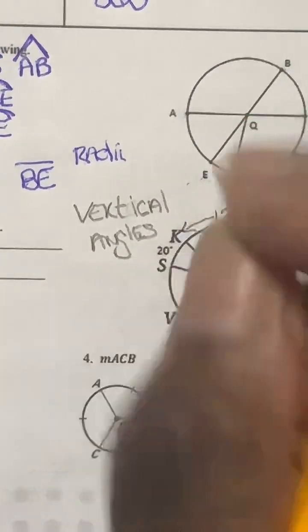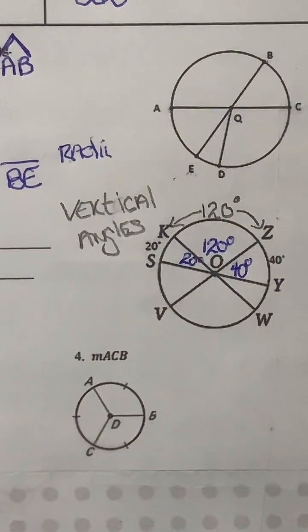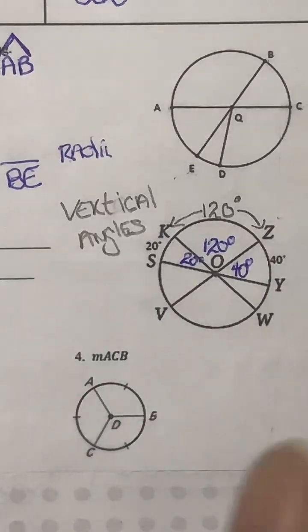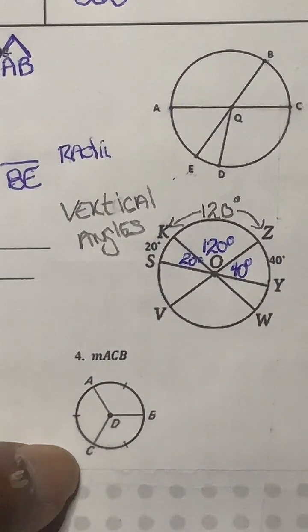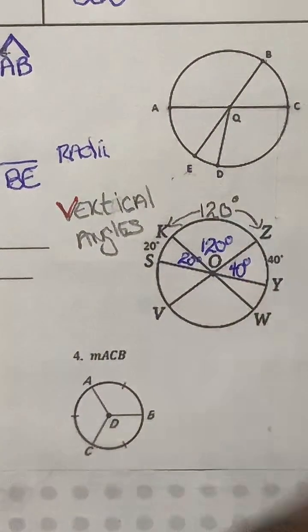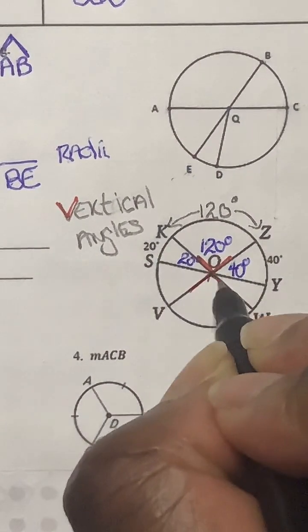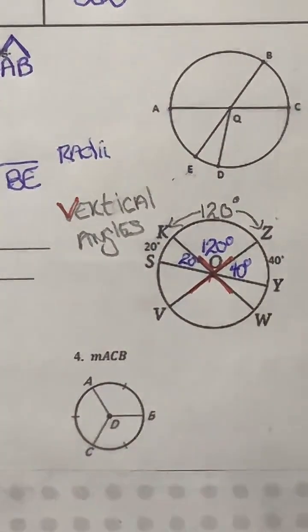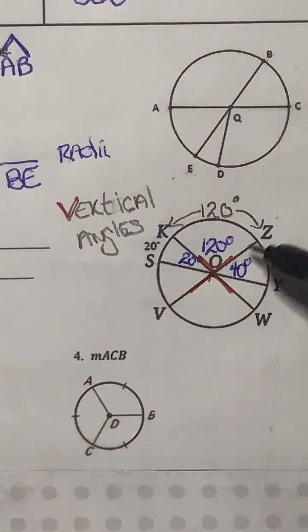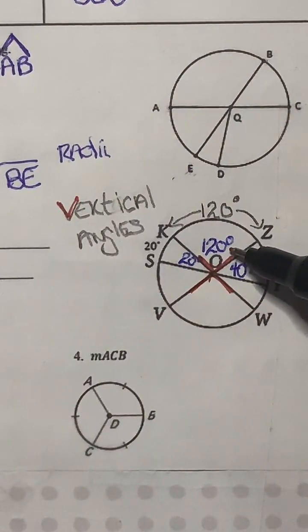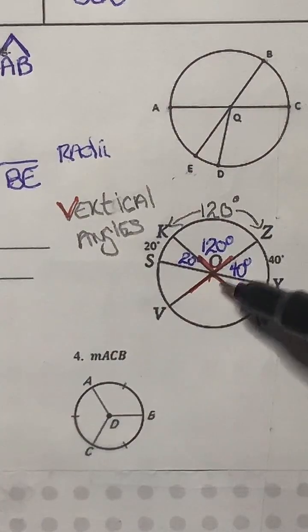So we have something called vertical angles. Now, with vertical angles, they basically create a V shape. Vertical begins with a V, and they create a V. So this is 120, and we found that.